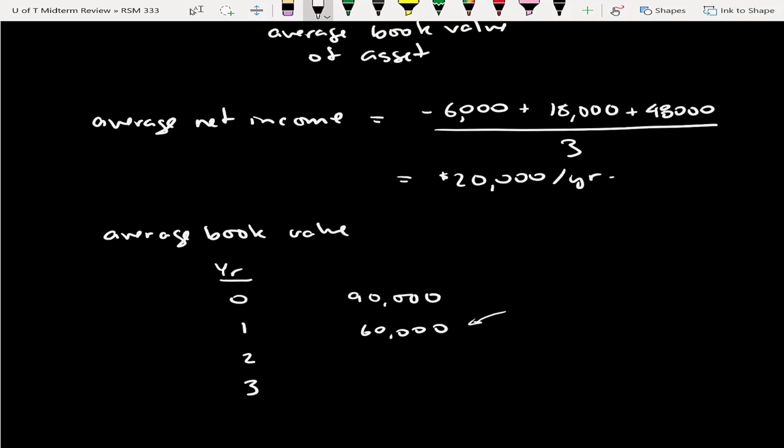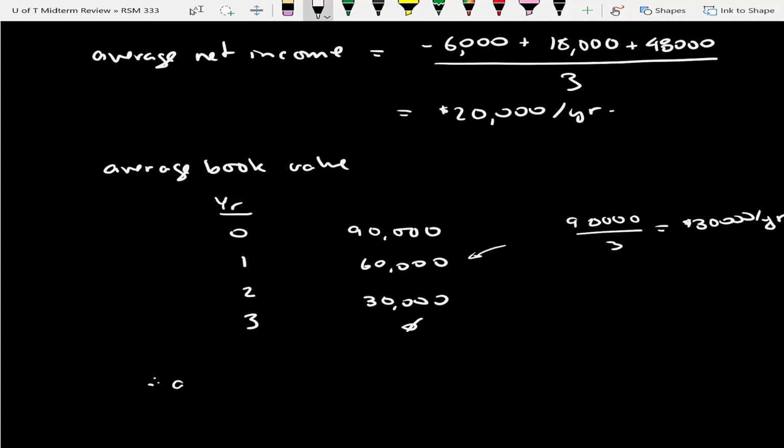And what I did here was basically I took the 90,000 asset value divided by the 3 years of straight line depreciation, so it works out to 30,000 per year. So every year it's going to fall by 30,000, and you can see at the end it's going to be worth 0.